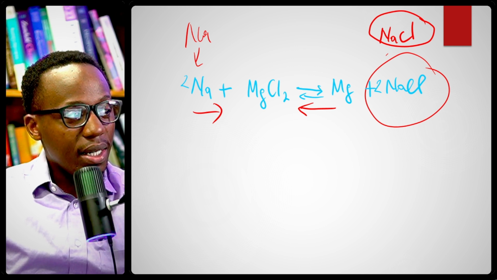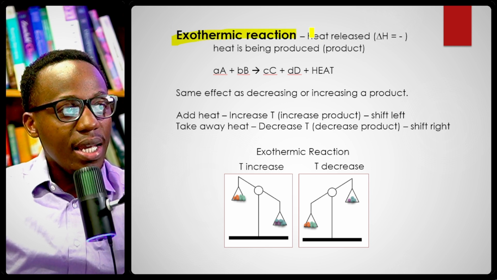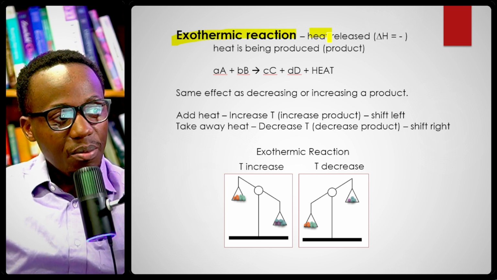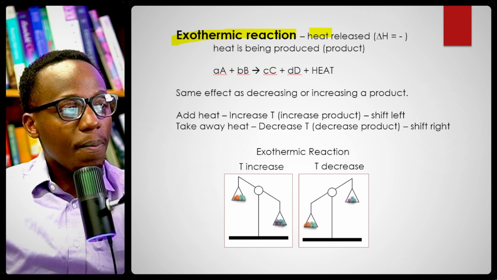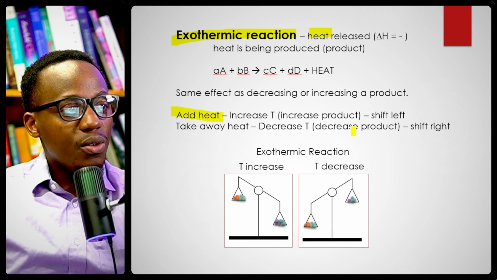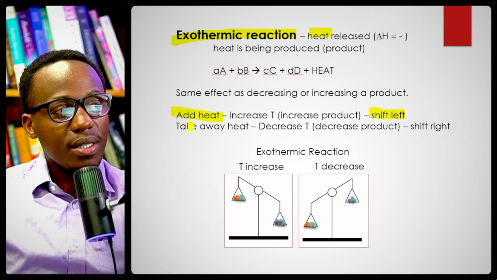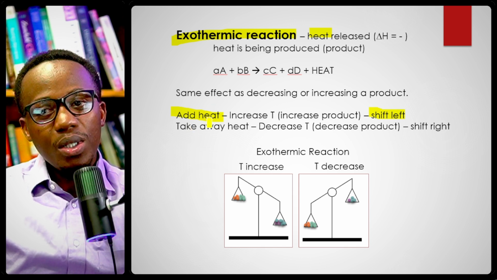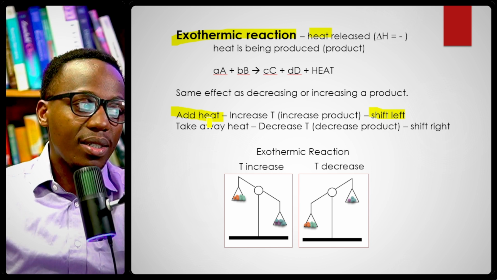Now, another thing, like I said, for an exothermic reaction the heat is released, meaning that if you increase the heat, we're going to shift to the left to remove that heat. And if you decrease the heat, it's going to shift to the right to increase the temperature.